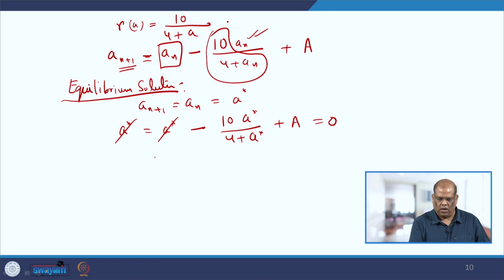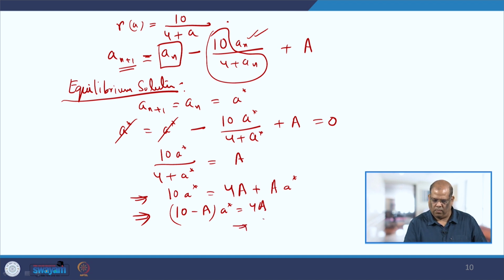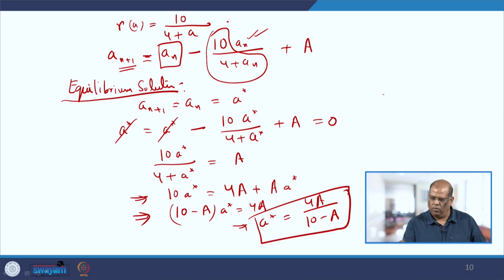This and this cancel and you get 10 A star by 4 plus A star equal to A. This implies 10 A star equal to 4A plus A star, and you will get 10 minus A into A star equal to 4A, which implies A star is equal to 4A divided by 10 minus A. And since it is the alcohol content, you must have 10 minus A greater than 0, that is A must be less than 10.